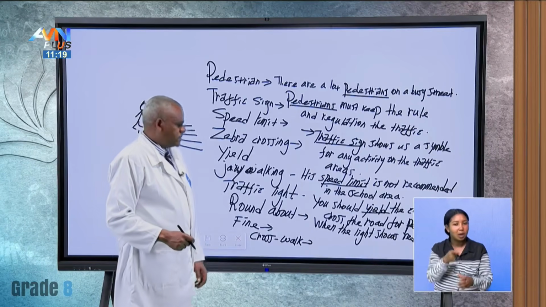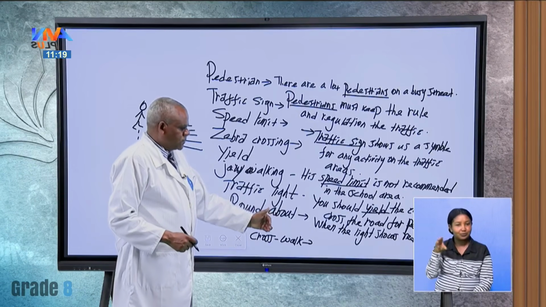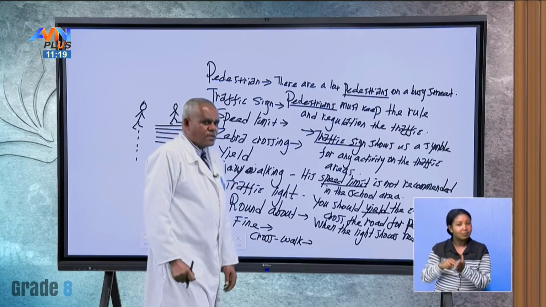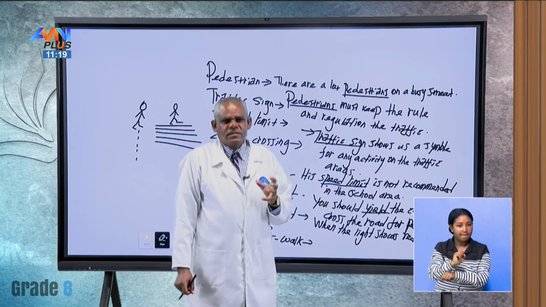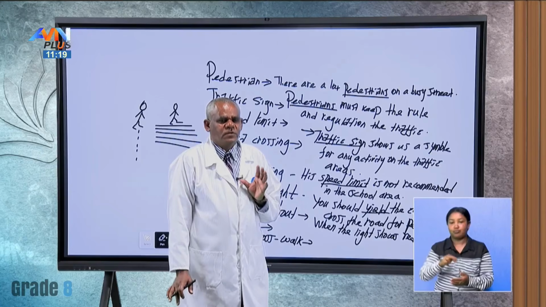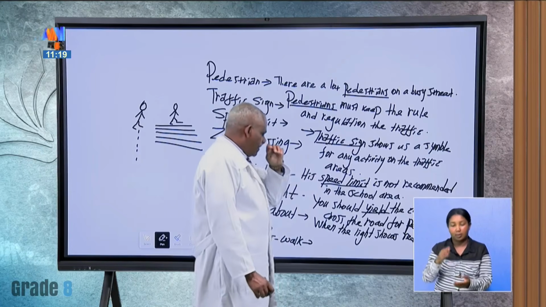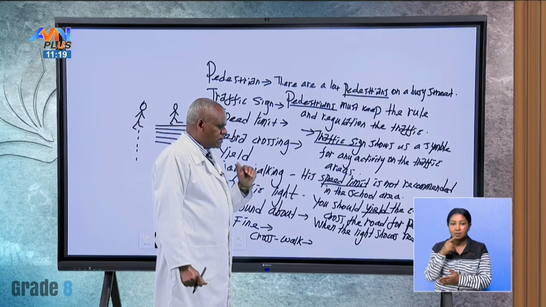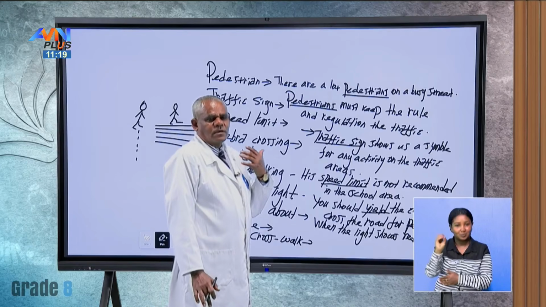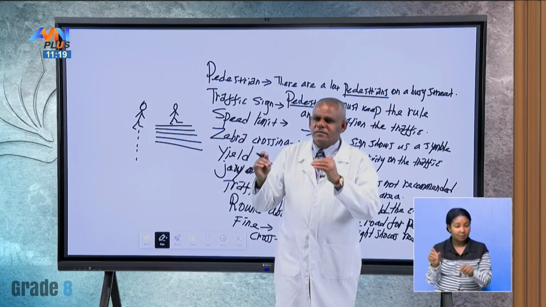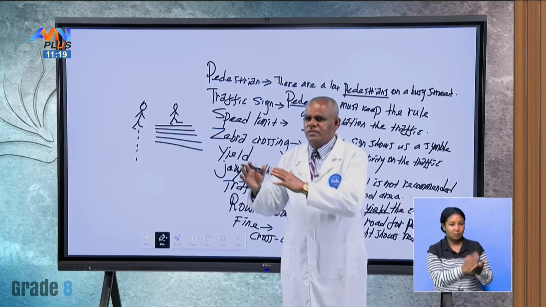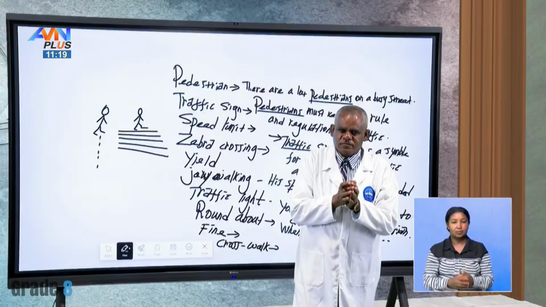What's your action, students? When the light shows red, it means it's allowed only for the vehicles to cross the road, but the pedestrians should stop. Don't forget that. If the light shows green, of course, it is the right of the pedestrian, whereas the vehicles give their turn to the pedestrians.